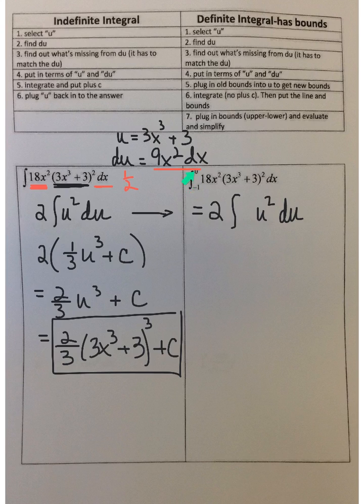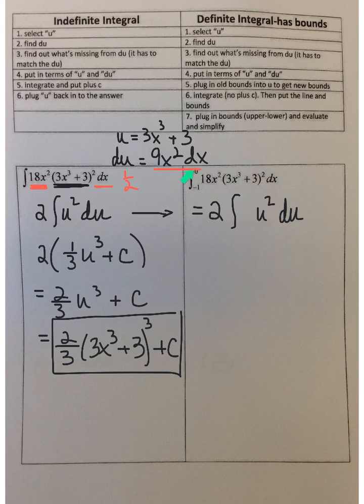Now, here's where the difference lies. I have bounds. So I'm going to try to make this as easy as I can for you. There's 2 ways to do it. I'm going to pick the easier way. When you have changed your expression over here and put it in terms of u, we also want to change these bounds and put our bounds in terms of u. So really all that means is you're going to take this top bound right here, which is 0.